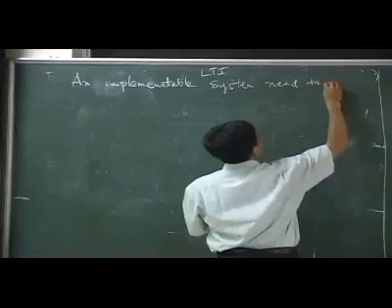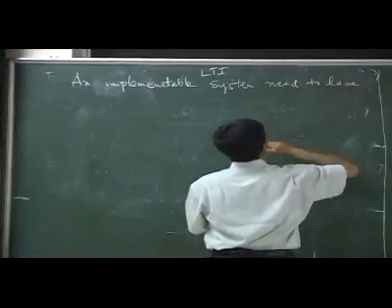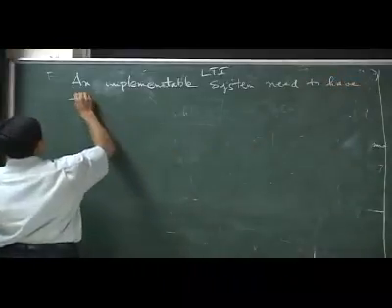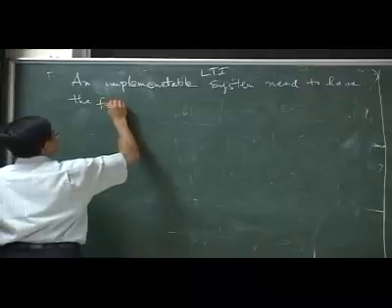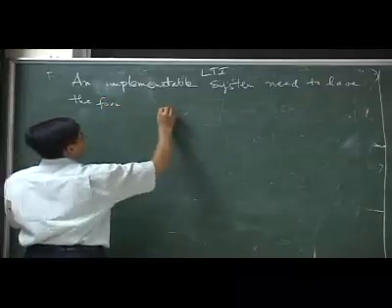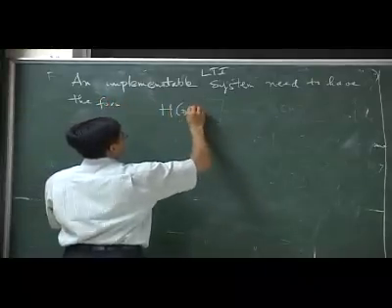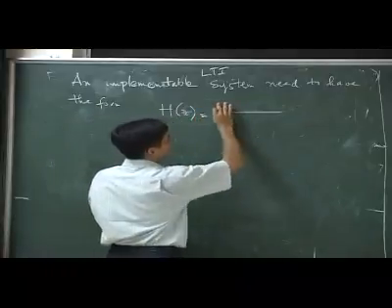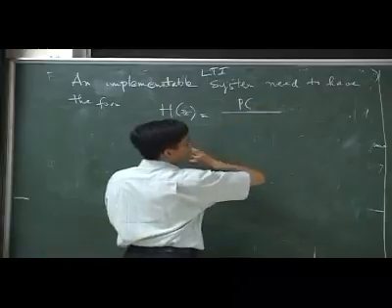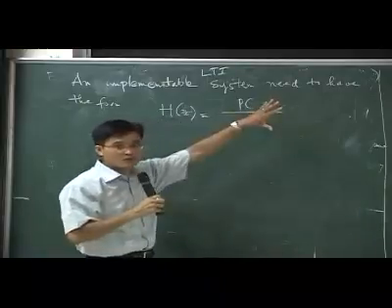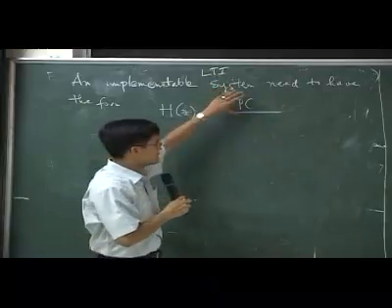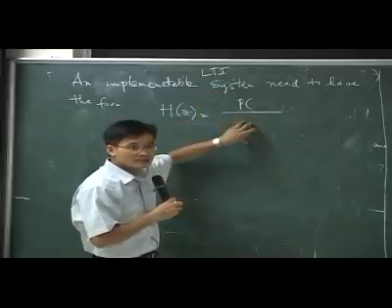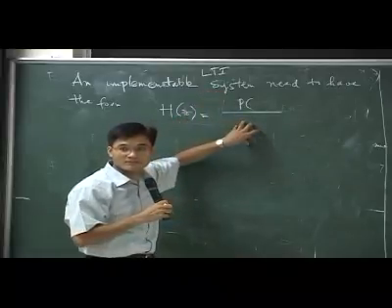It needs to have the form that S of Z is equal to, remember we showed before, it has to be a difference equation. A difference equation is a polynomial in Z on top and a polynomial in Z down here.